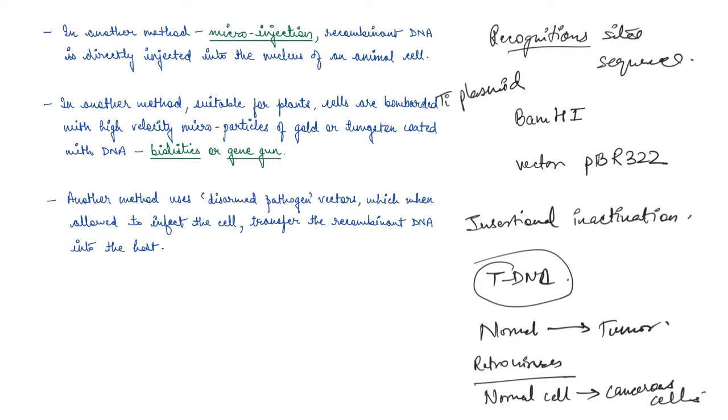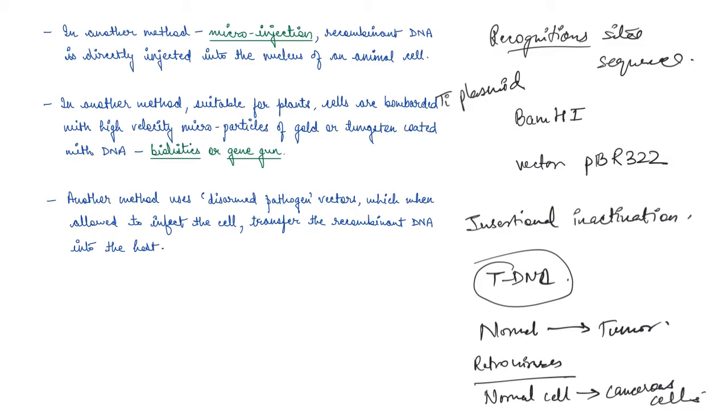In the same way, there are other methods like disarmed pathogens. So what we do is basically we allow the cell to be infected, and because of this infection, the recombinant DNA is inserted into the host. Since it is a disarmed pathogen, it will not cause any disease, but it will insert or transfer the recombinant DNA into the host.